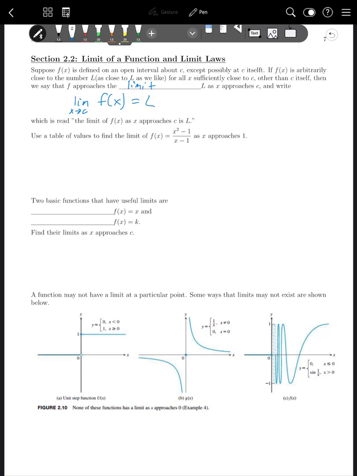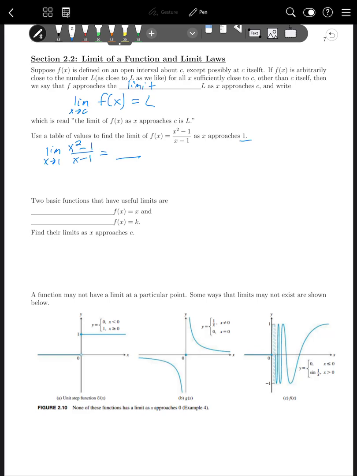One of the things we can talk about here is this idea of limiting value. So if I wanted to, for example, figure out the limit as x approaches 1 of x squared minus 1 over x minus 1, that's what we're going to try and figure out, to fill in that blank.